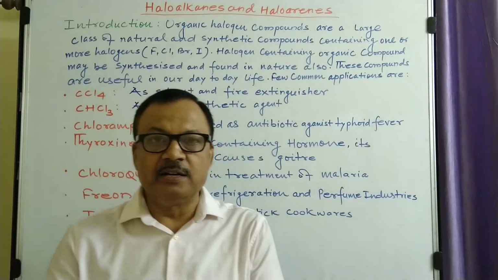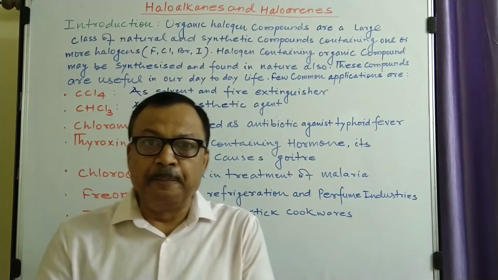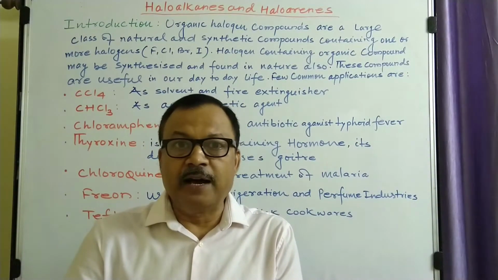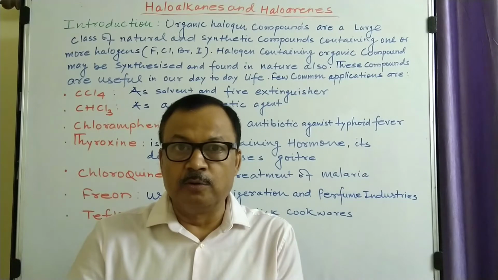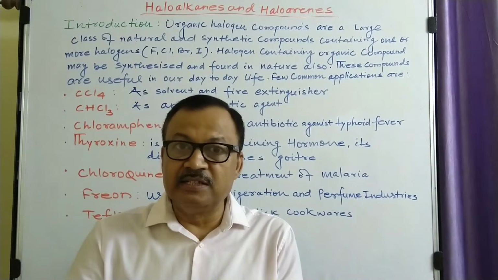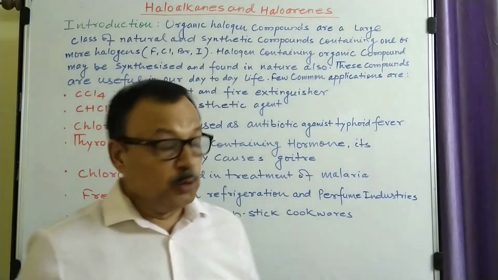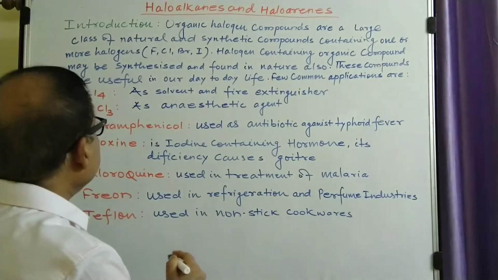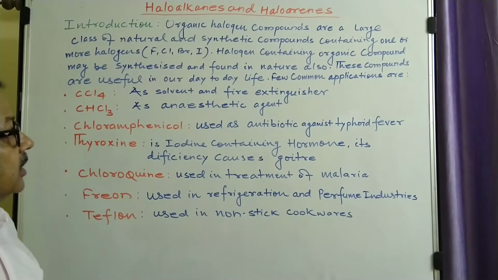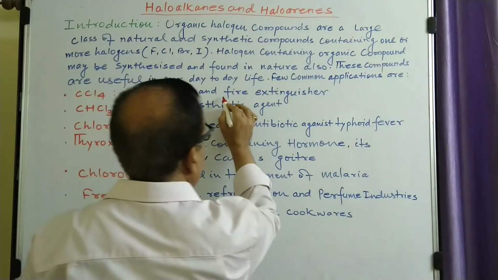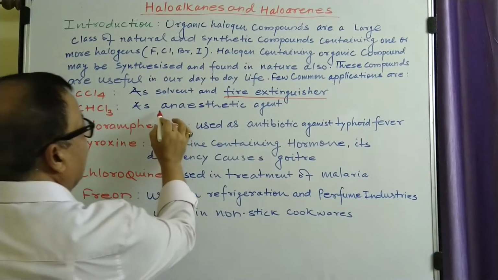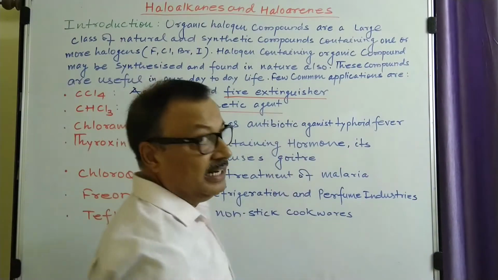Basically, halogen-containing compounds are very important in day-to-day life. A large number of halogen-containing compounds are found in nature, and they are also synthesized in the lab. We know that in day-to-day life, carbon tetrachloride is used in fire extinguishers and chloroform is used as an anesthetic agent.